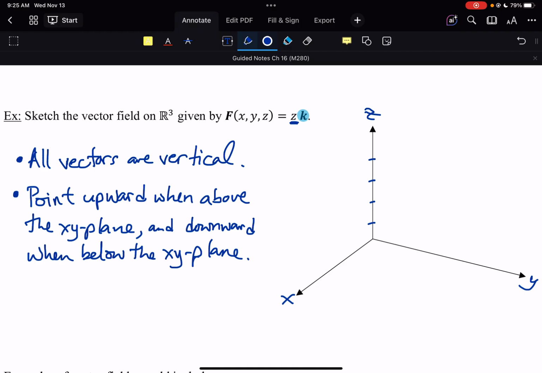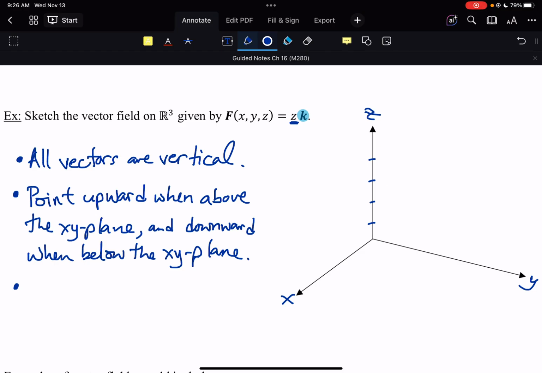Okay, so we know the direction they're pointed. We know whether they point up or down depending on where they are in 3D. And we now need to just figure out how long they're going to be. The magnitude of these vectors is going to increase as z increases, or I guess you could say as the absolute value of z increases. The further away we get from the xy plane, so if z is 1, the length of the vector is 1. If z is 2, the length gets longer. If z is 3, it gets longer.